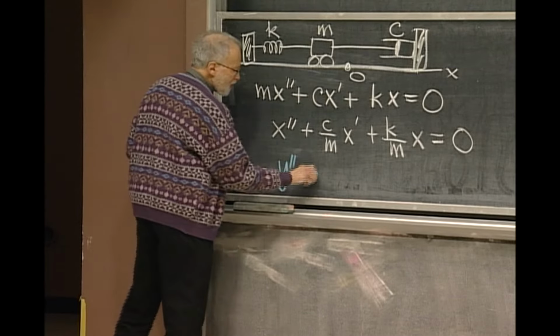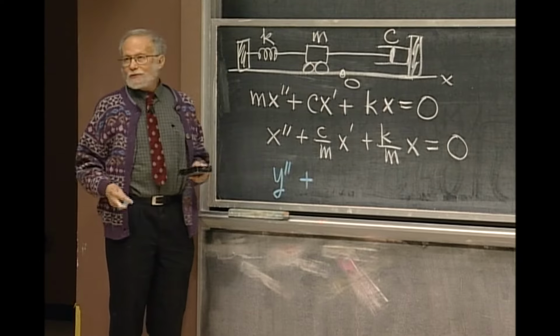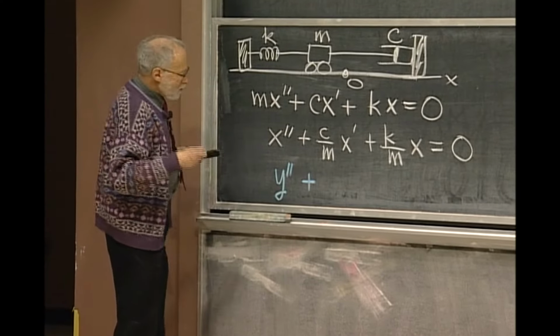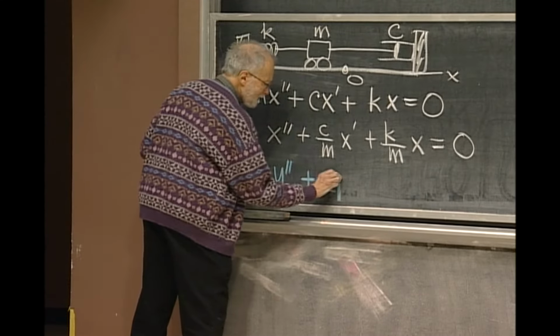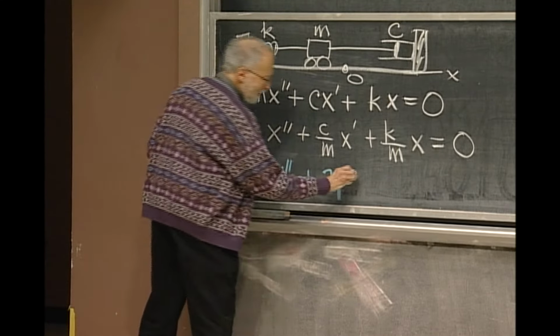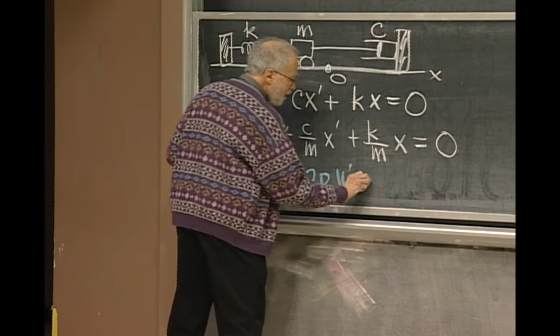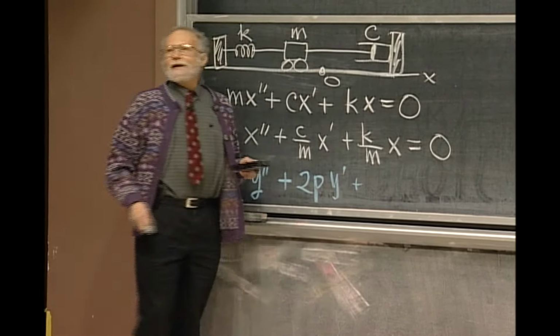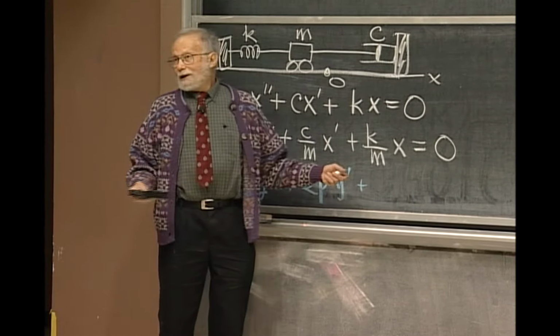And now this is given a new name, p, except to get rid of lots of 2's, which would really screw up the formulas, make it 2p. You'll see why in a minute. So there's 2p times y prime, and this thing we're going to call omega naught squared. That's okay, it's a positive number.